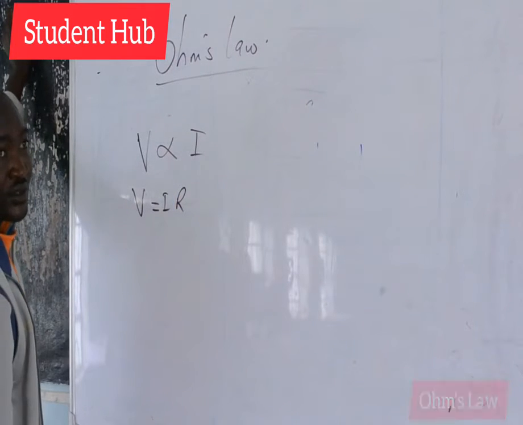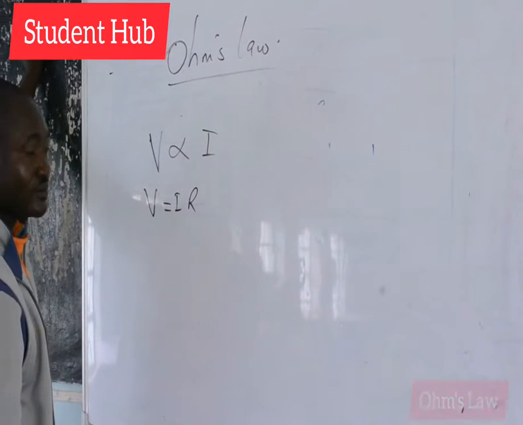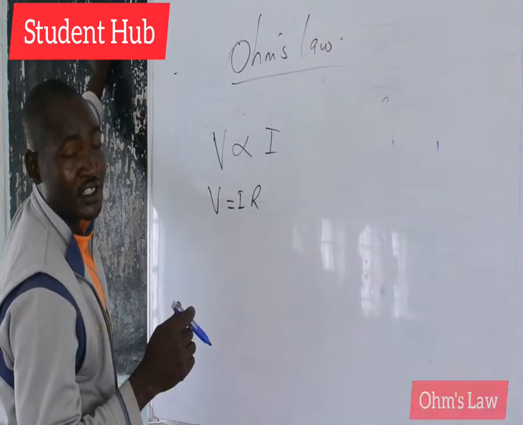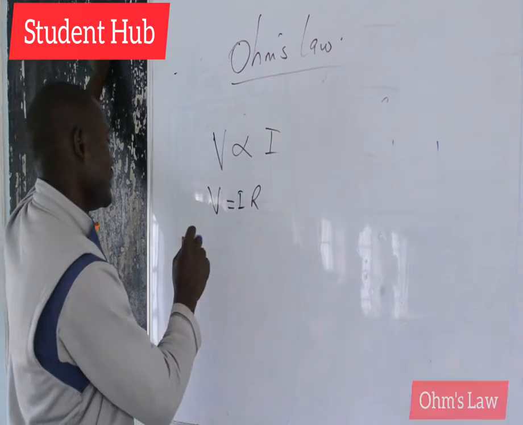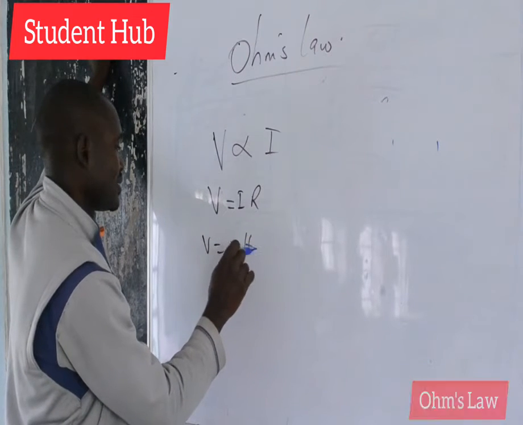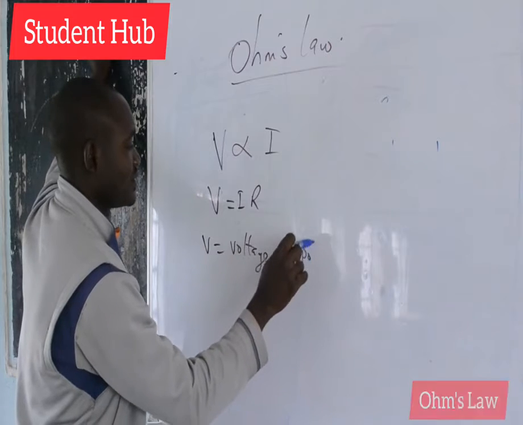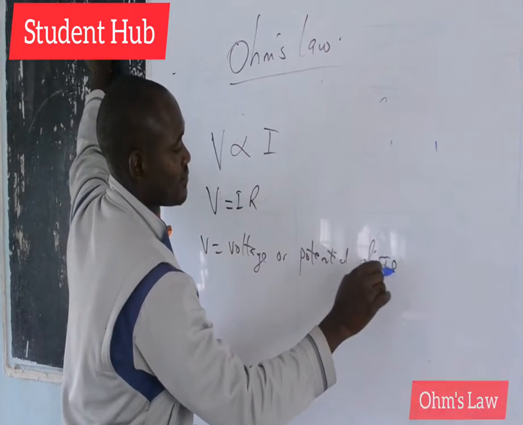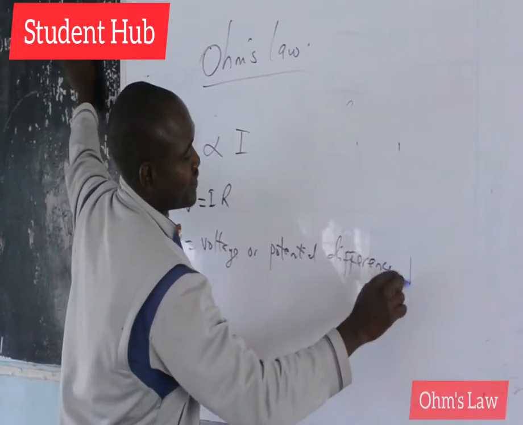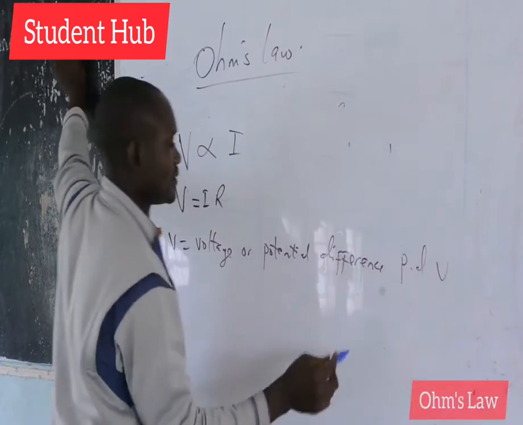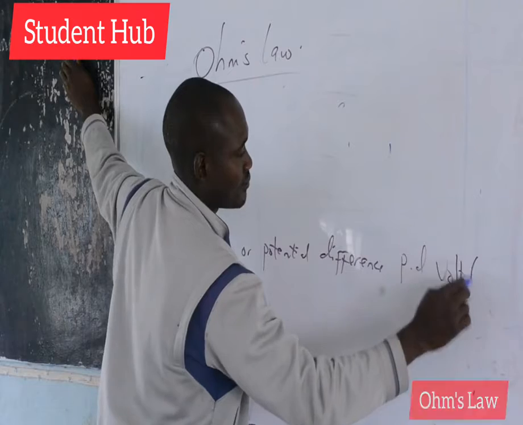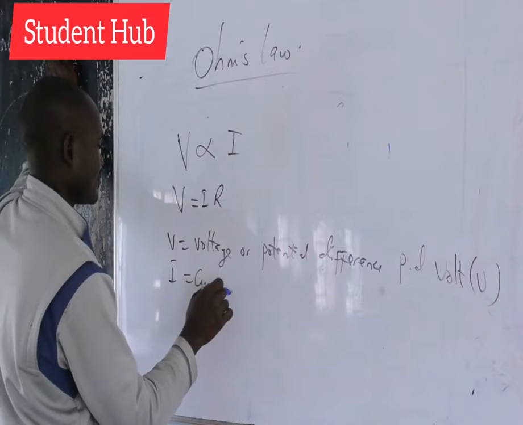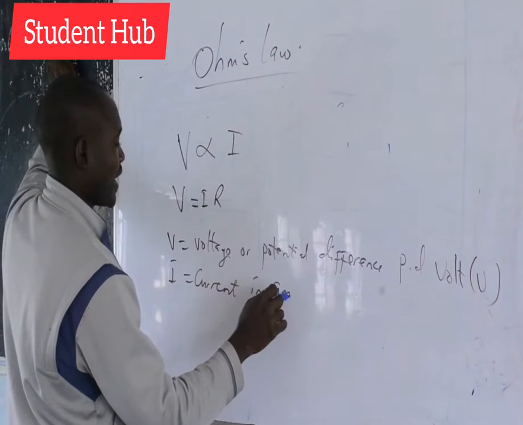This R here is called resistance. So V is voltage or potential difference, that is PD, in volts. I is current in amperes.